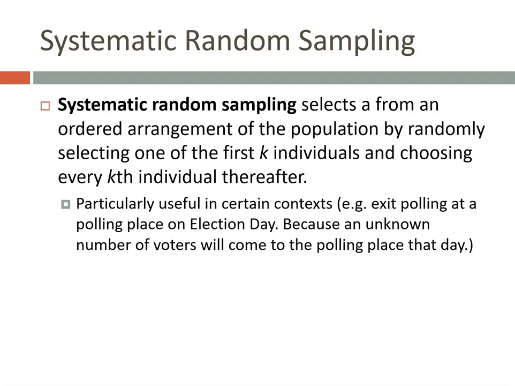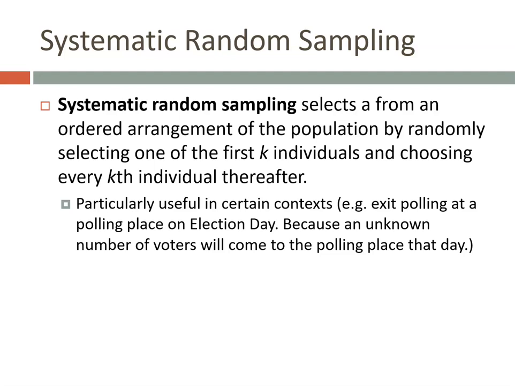Next we're going to talk about systematic random sampling. Systematic random sampling selects from an ordered arrangement of the population by randomly selecting one of the first K individuals and then choosing every Kth individual thereafter. This can be particularly useful in certain contexts.